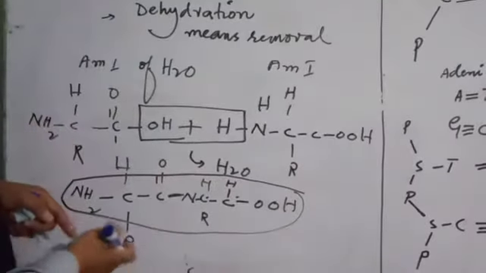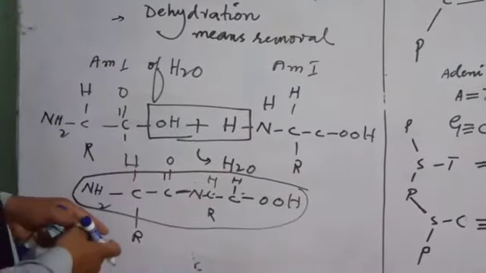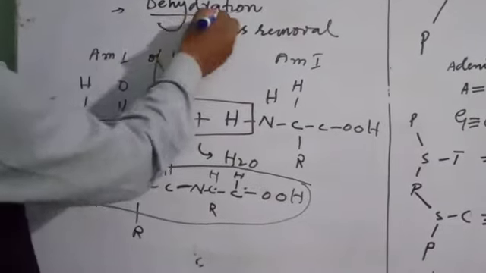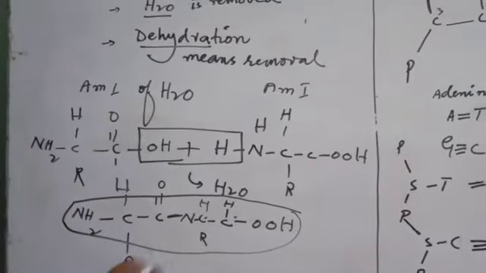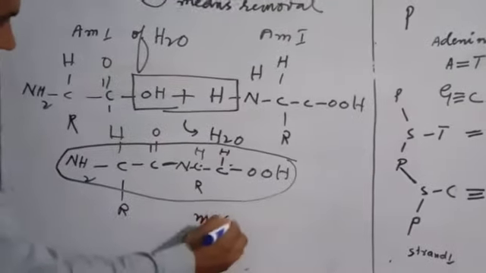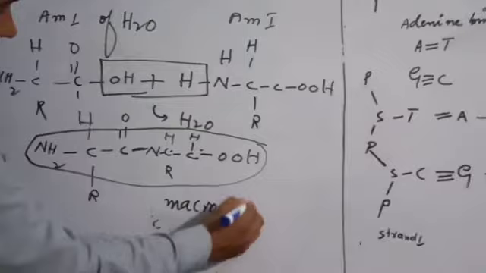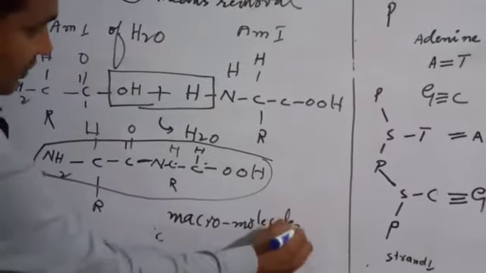When they join together, water is removed, and the removal of water is called dehydration, and this large molecule that is formed is called macromolecule. This process is called condensation.